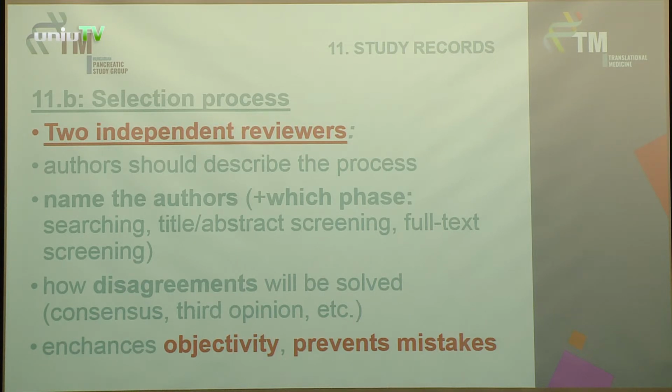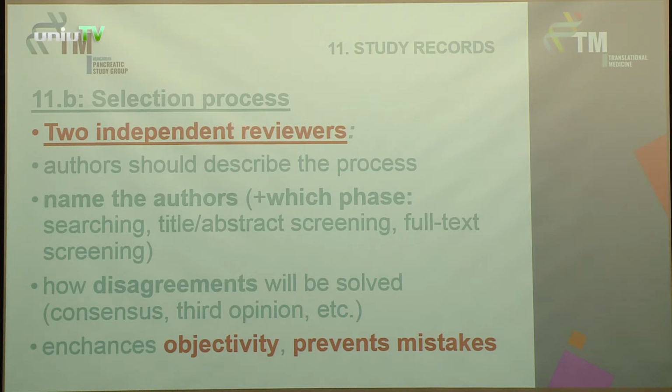Then, if we have all the articles we need, we have to select the relevant articles on our topic. This should be done by two independent reviewers or authors. We have to write down the name of who did this process, and what they did.